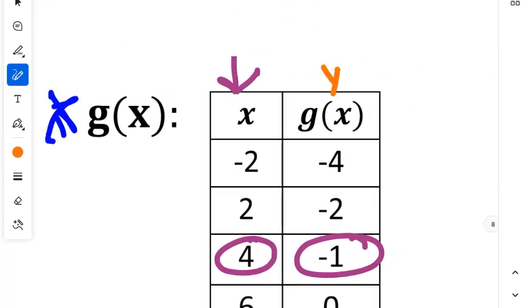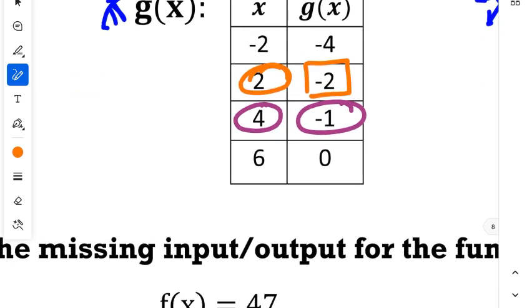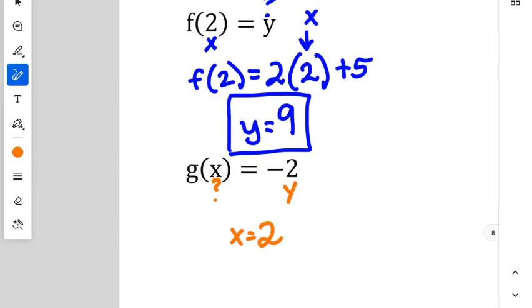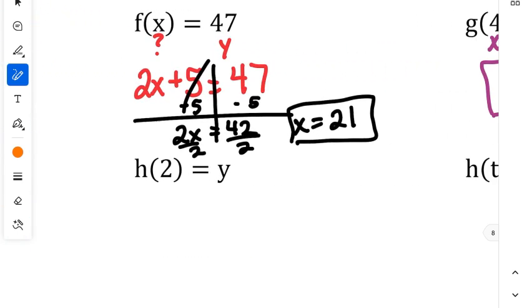When y is -2, what is x? 2. When y is -2, x is 2. So we are able to say x equals 2. Without doing any work. We're just matching them. Got to know what you're given so we can find out what you're looking for.